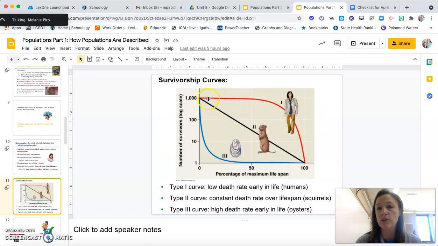So you see very few deaths in the younger ages, and then as they get older, you see more and more deaths. We are very familiar with survivorship curve type 1 because that's what we see with humans. Very few deaths until middle to late ages, like 60, 70, 80, and then we see a lot of deaths. Survivorship type 2, the fact that this line is a straight line tells you that there is an equal chance of dying at any point.